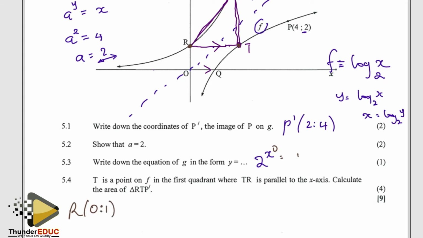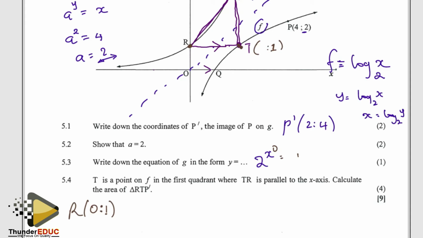Good. We also need the coordinates of T. But since RT is parallel to the x-axis, the y-coordinate of T is going to be 1. And then we can just play around with the values there.